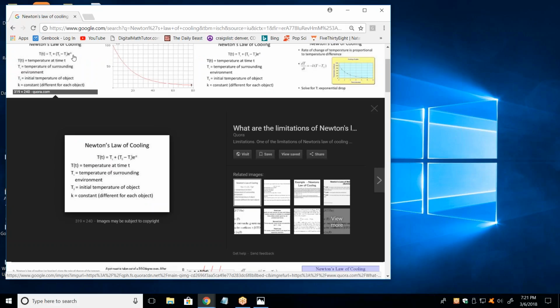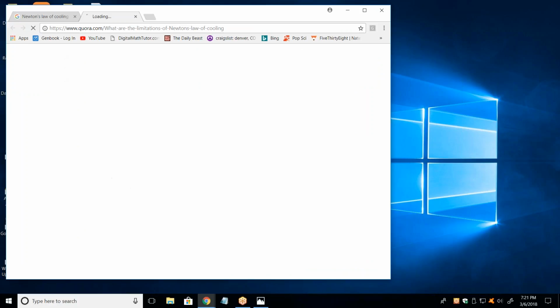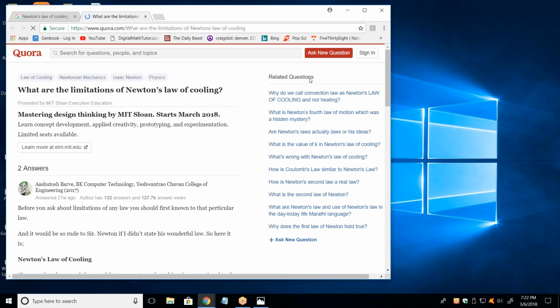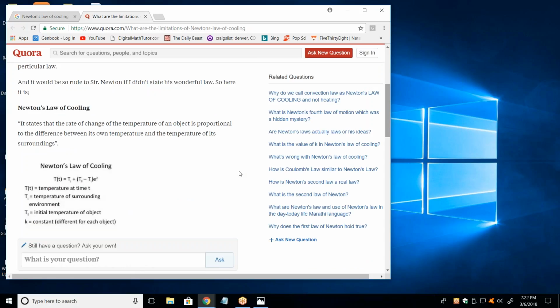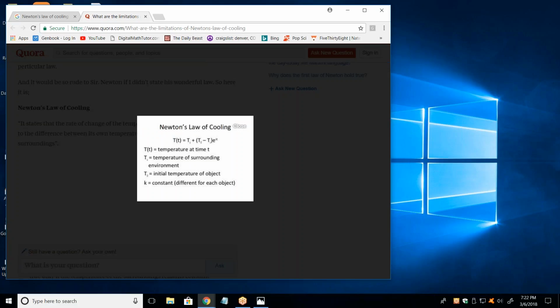That's got to be e to the kt. But they don't show a negative sign on there. Interesting. But I'm quite certain it is negative because it's cooling, right? Yeah. If k wasn't negative, then it would be heating up.